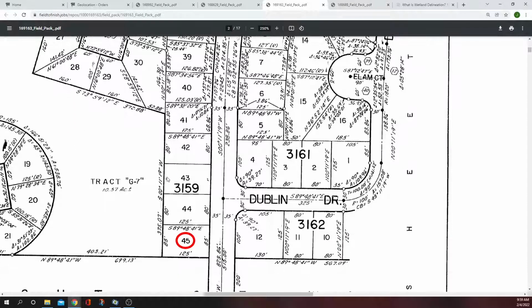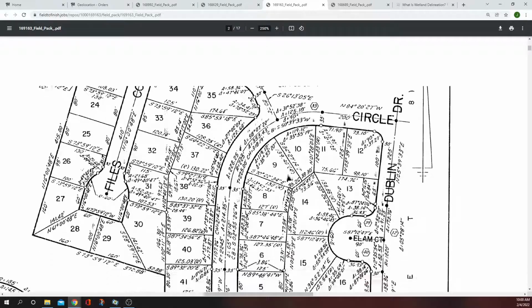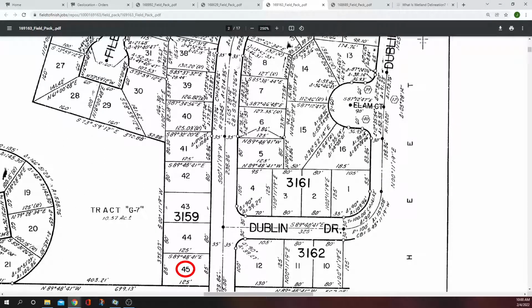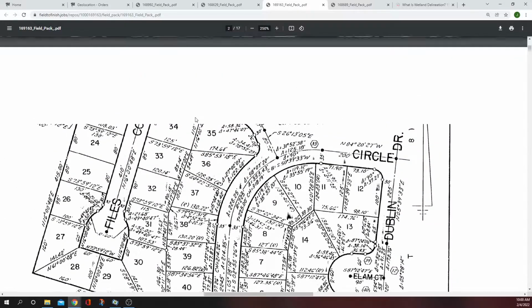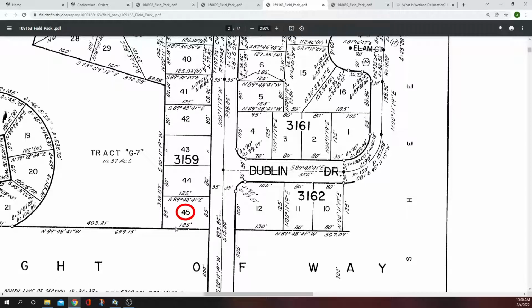Now I can find anything on block 3159, but what I don't want to do is go across the street to another block. I will if I have to. I could find something like these primary control points here, but I don't want to. I want to stay on my block. That decreases the amount of error, and it's the easiest way to calculate our lot.